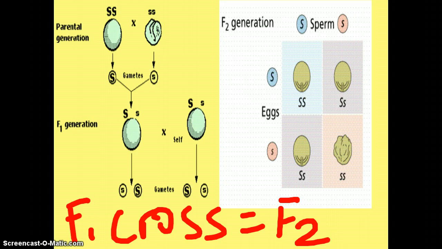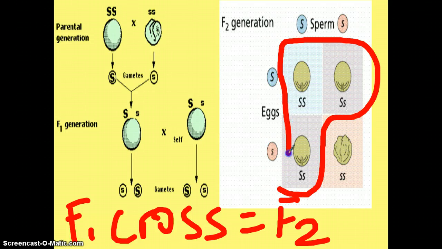What is the phenotype ratio for this cross, for the F2 offspring? 75% round. Okay, so he said round. Look at the letters. We know that we choose the capital letter for the dominant trait. And I haven't even told you what it is.